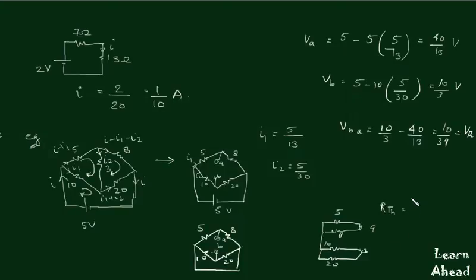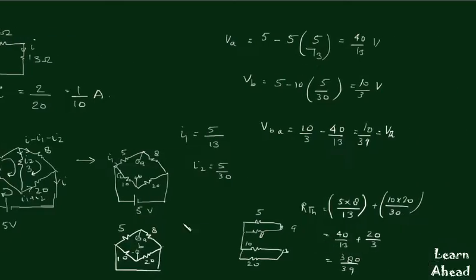So RTH is 5 into 8 upon 13 plus 10 into 20 upon 30, and this comes out to be 40 by 13 plus 20 by 3 equal to, you can find using a calculator, this comes out to be 380 by 39.